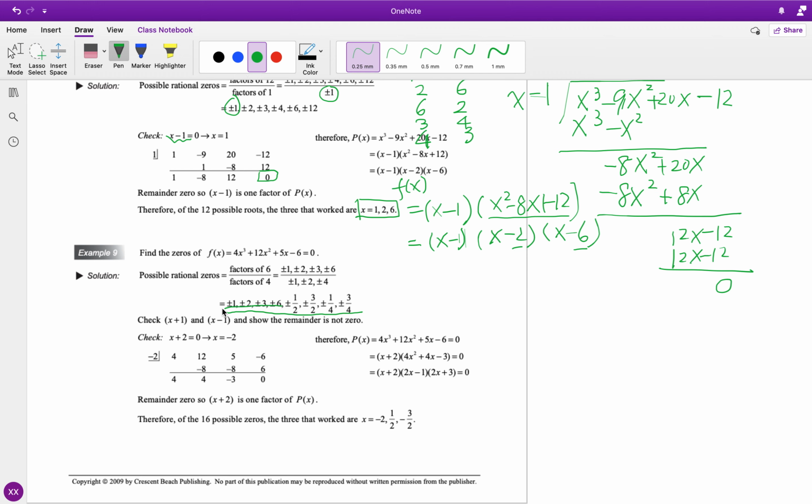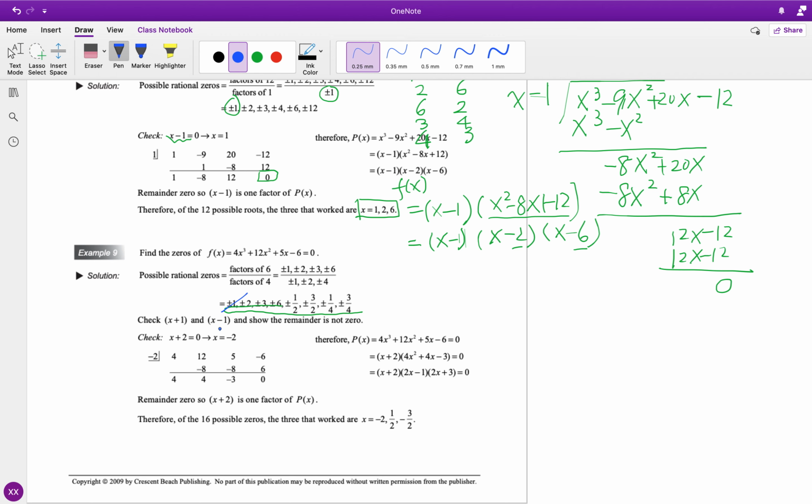So starting with positive 1, negative 1. Unfortunately, the remainder is not 0. So these are not our zeros. Too bad. And then we're going to test positive 2, negative 2. And it happens to be that negative 2 is one of the zeros.